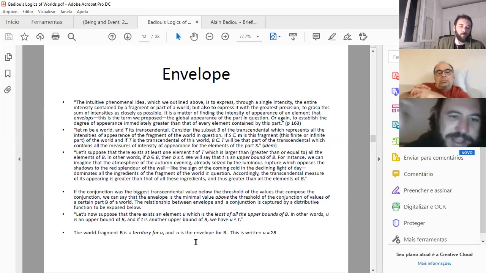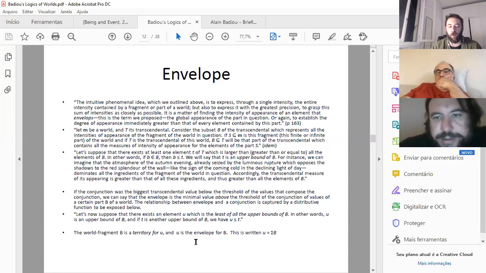Let's suppose that there exists at least one element T of T. Sorry, just before you go on, a good way of thinking about this that he doesn't mention is that conjunction is a bit like metonymy, and envelope is a bit like metaphor.